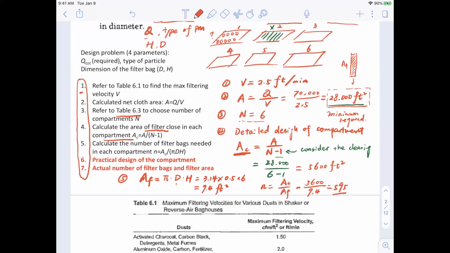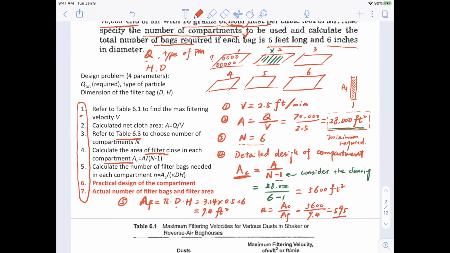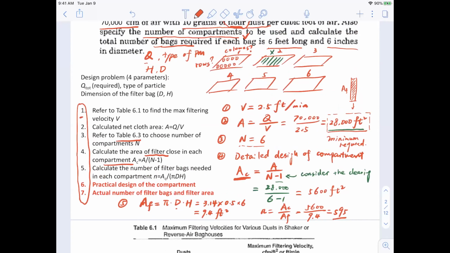And as I mentioned a lot in our last class, we shouldn't stop here, because in terms of the design for the filter bag, we need to also design how many rows and how many columns we need for each compartment, right? Because finally, these filter bags are arranged in these rows and columns.